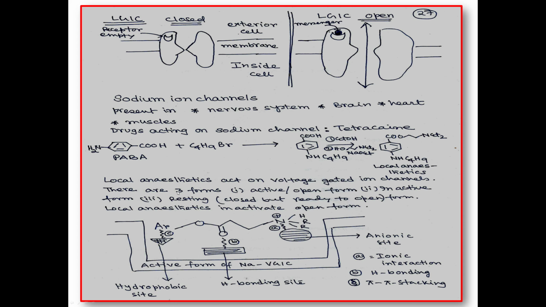Now we are considering three forms. One is the open form or active form, number two is the inactive form, and number three is the resting form, which means it is closed but ready to open. So the conditions of the voltage gated ion channel are three states. One is the active form, the open form. Another is the inactive form, the closed form.